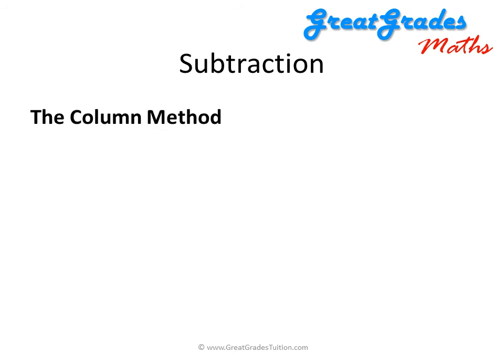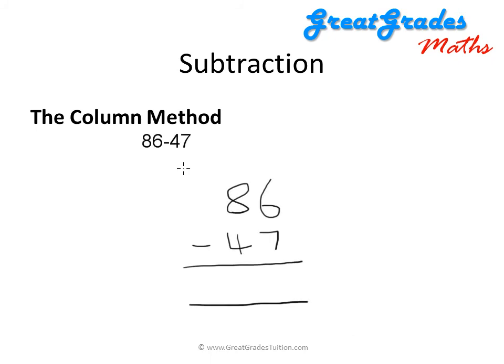Let's try the second method then, the column method, for the same subtraction, 86 minus 47. First of all we line up the numbers just as we would have done for the addition, with the tens and the units all lined up, and we have to take one from the other. 6 minus 7 can't go, so we have to borrow 10 from the tens column.